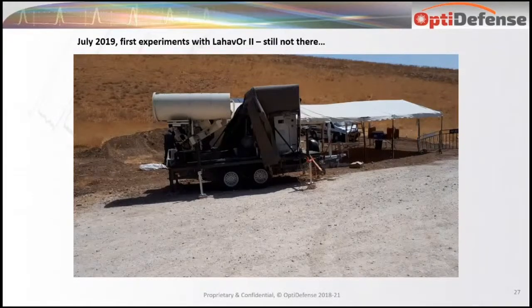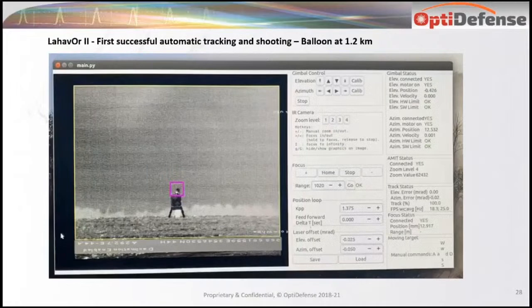These were the first experiments in July 2019 in the field, but they were not successful. The tracking system didn't work well enough yet, so we went back and did some development again. This shows a movie where we first shot down a balloon at 1 kilometer.